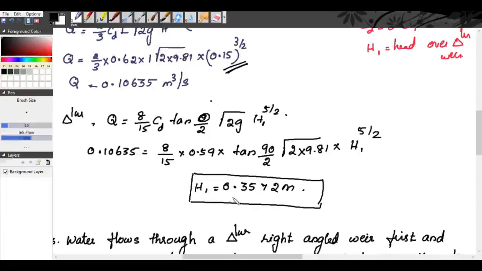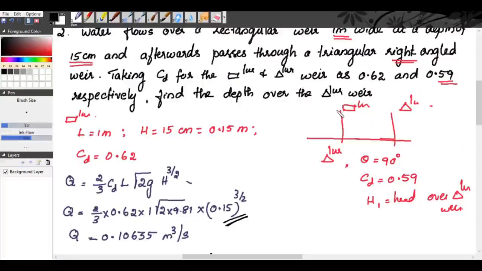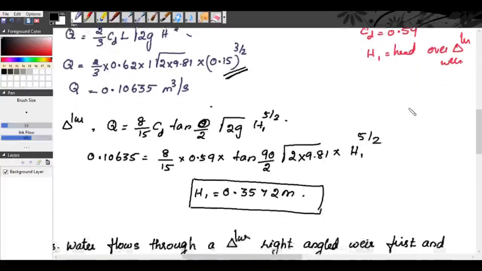Over the triangular weir, the head is 0.35. That means, when equal amount of water is flowing through the rectangular weir and over the triangular weir, the head will be more for triangular weir. For rectangular weir, the head will be less when compared to the triangular weir.